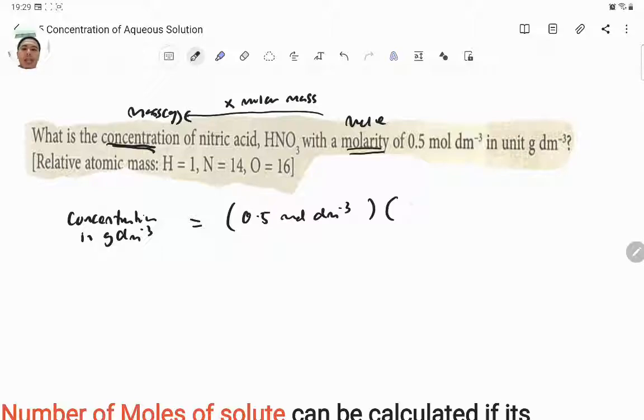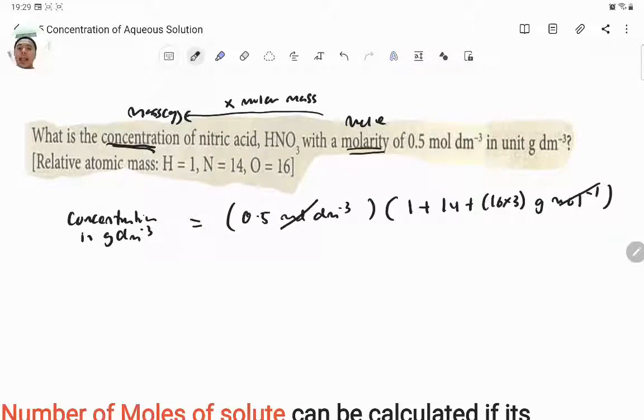Which is 1 plus 14 plus 16 times 3. This one. Gram mole -1. So apa yang kita boleh potong daripada dia punya formula, dia punya unit is mole -1 dengan mole.